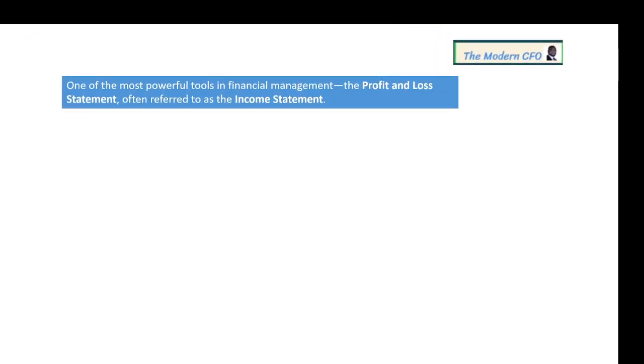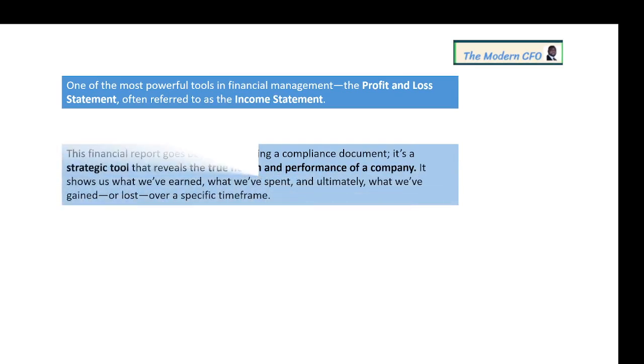As we all know, one of the most powerful tools in financial management is the profit and loss statement, which is often referred to as the income statement. The financial report goes beyond just being a compliance document.